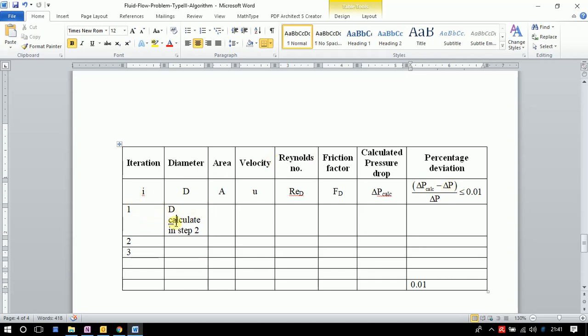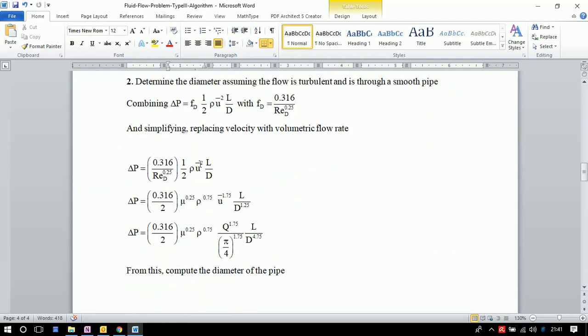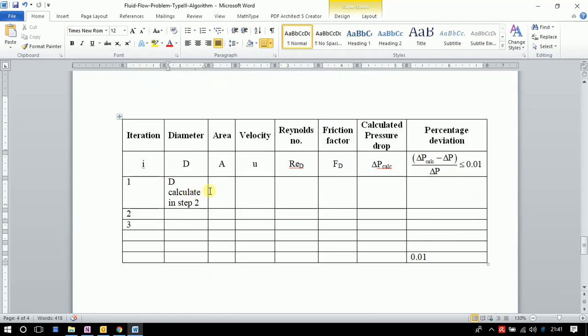For the first iteration, we take the diameter as the one that is calculated as per step 2, which is for a turbulent flow but through a smooth pipe. And for this value of diameter, we calculate area, we calculate velocity, Reynolds number, friction factor, and we calculate the pressure drop, and we compare.